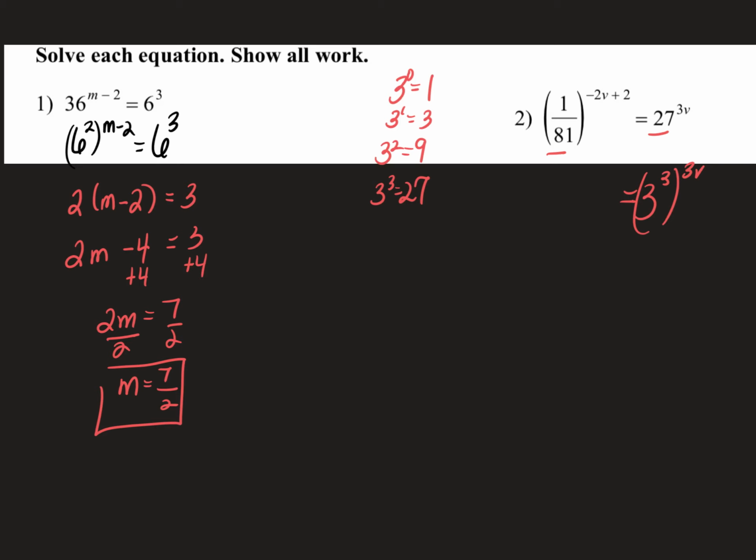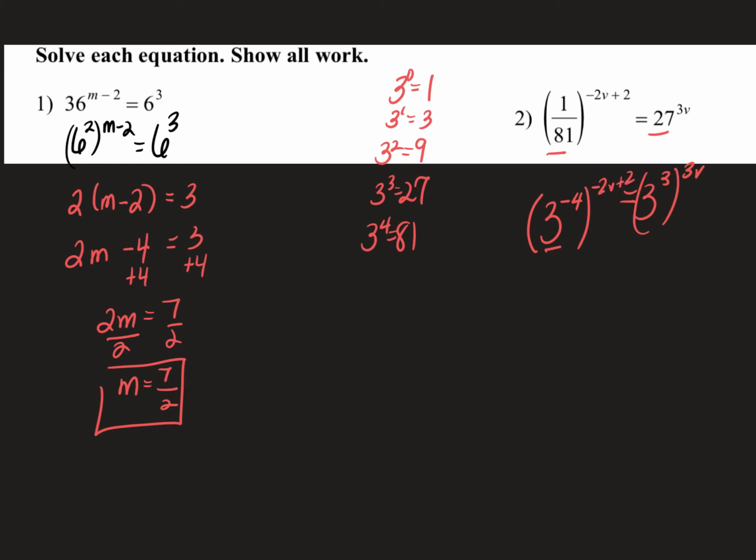And then 3 to the fourth, that is 81. So 1 over 81 would actually be 3 to the negative 4, because that base is in the denominator, and then the exponent is negative 2v plus 2.